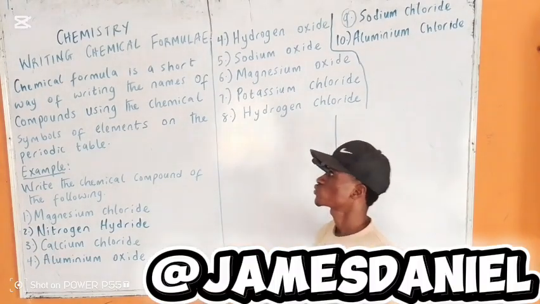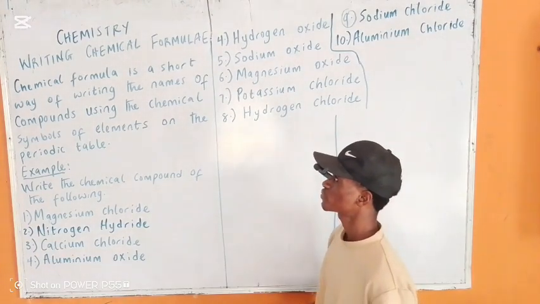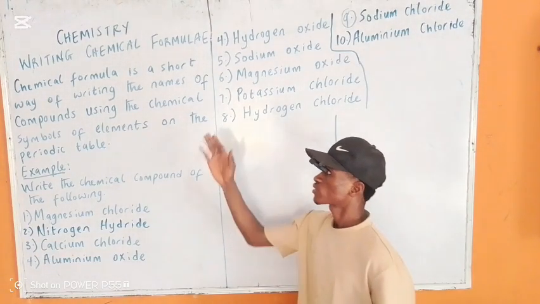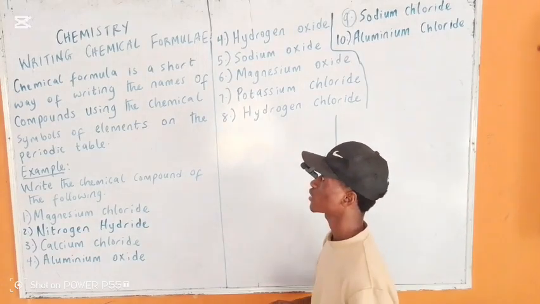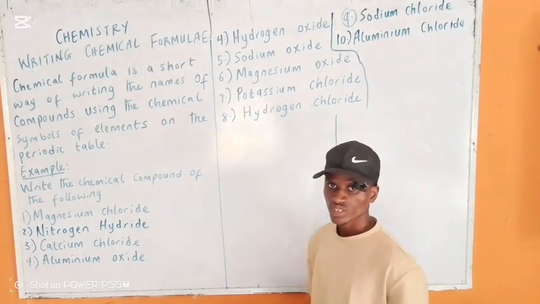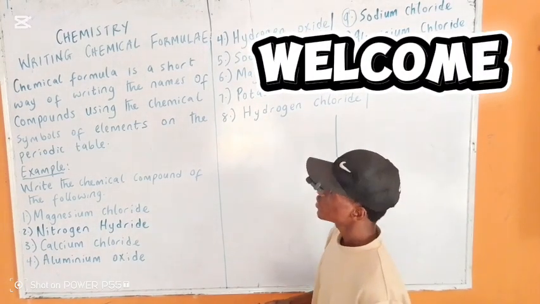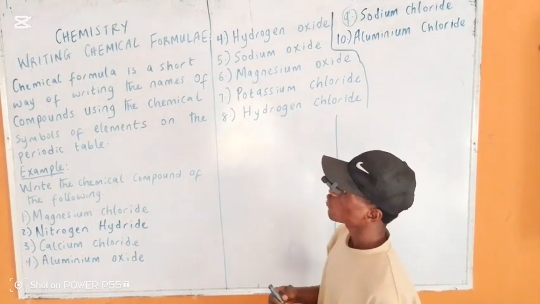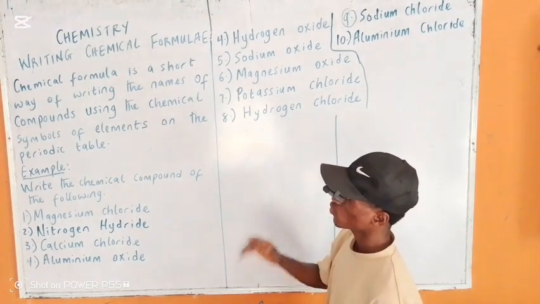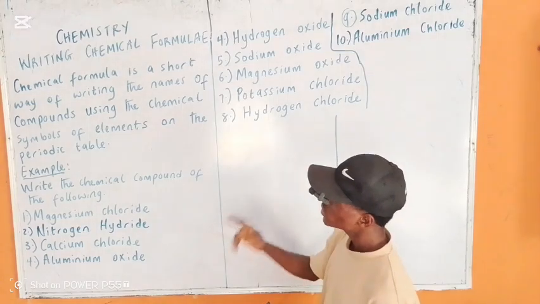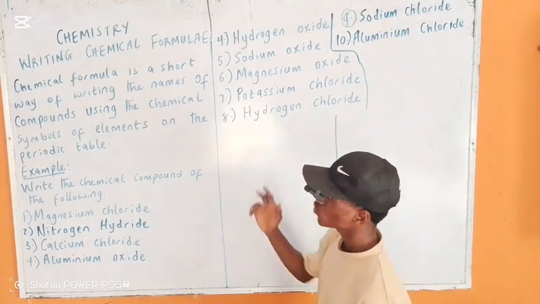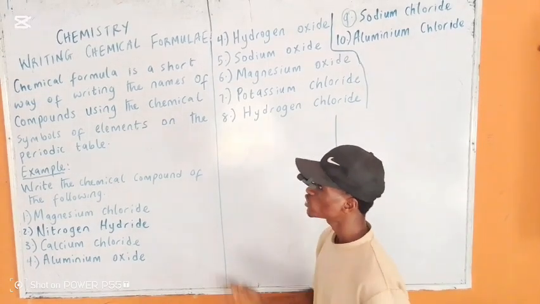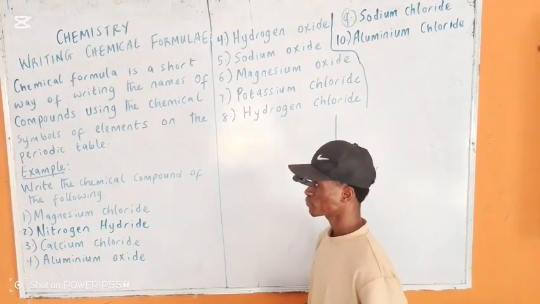On the board, we're having a topic titled Writing Chemical Formula. Now, what is a chemical formula? A chemical formula is a short way of writing the names of compounds using the chemical symbols of elements on the periodic table.